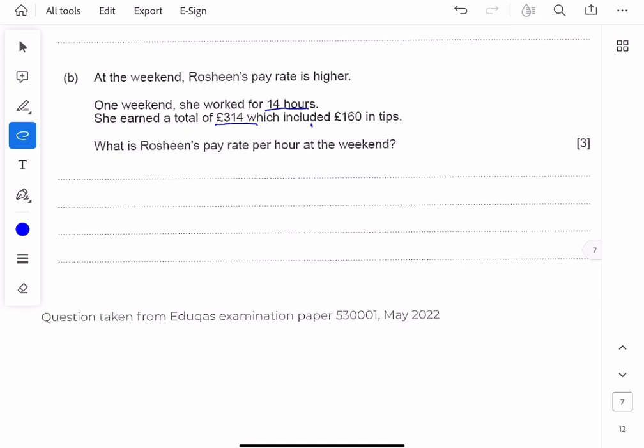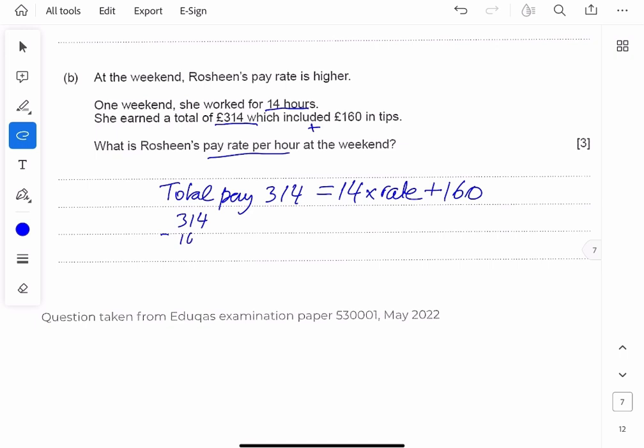She worked 14 hours. She earned £314, which included 160 in tips. So we need to work out the pay rate. Okay, so let's write what we know. So total pay is 314, and that is 14 hours she worked, multiplied by the rate per hour, which we don't know, plus 160. Okay, so we can see we can work backwards here in reverse to work out the rate.